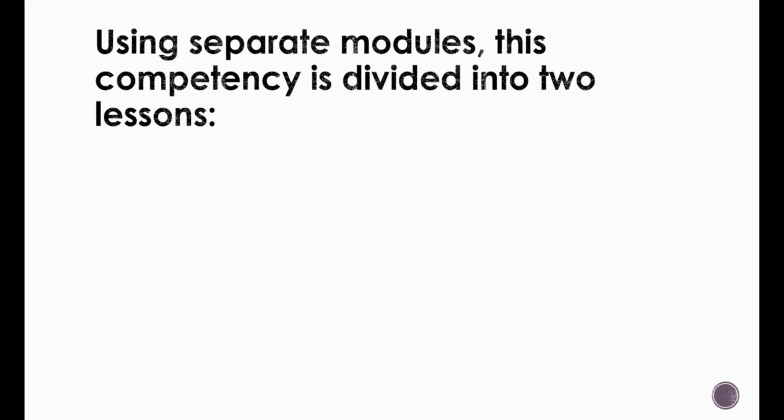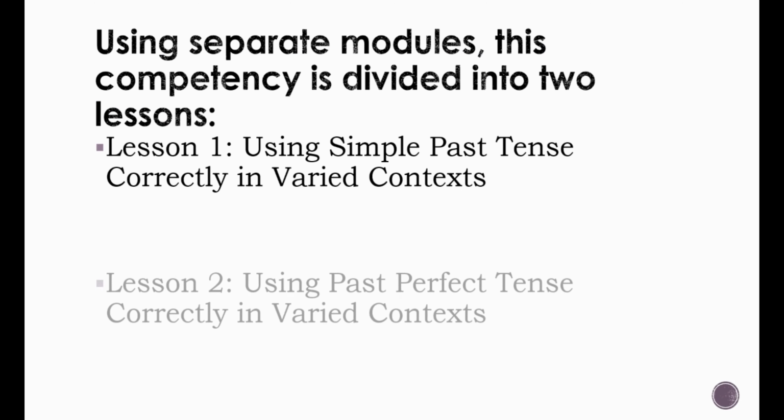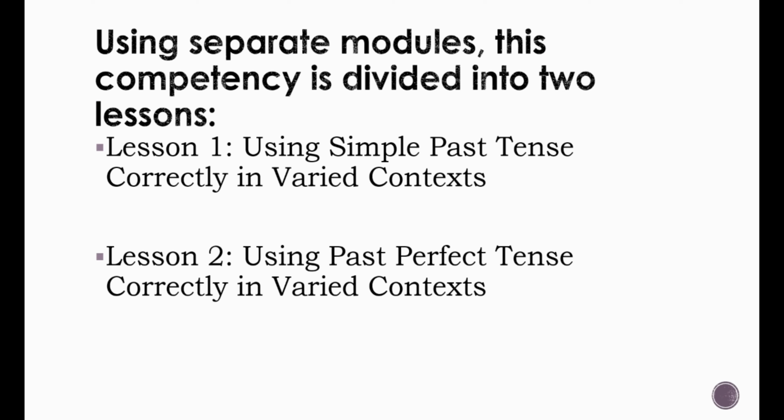For this module, the competency is divided into 2 lessons. Lesson 1, using the simple past tense, and Lesson 2, using the past perfect tense. For this clip, we will be taking up Lesson 2, using the past perfect tense correctly in varied contexts.